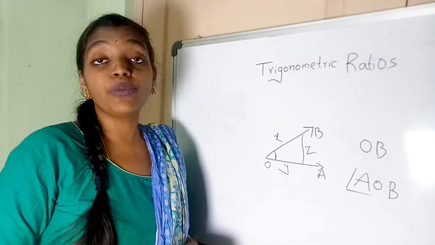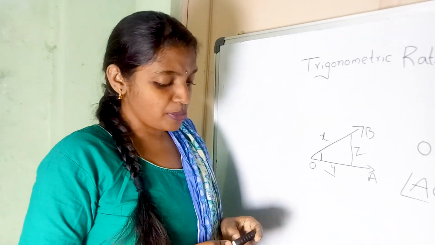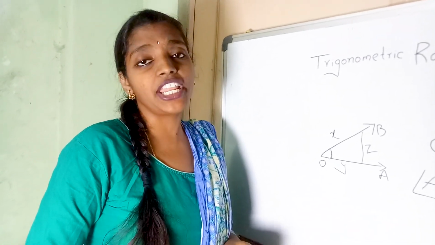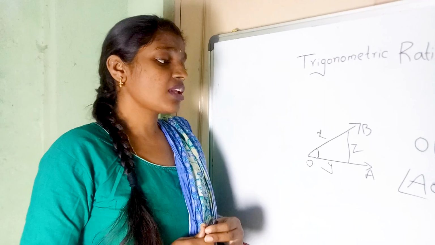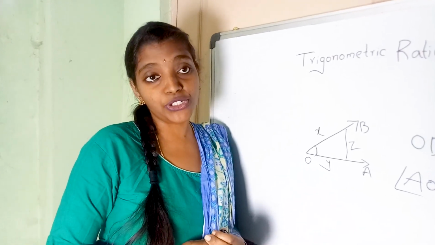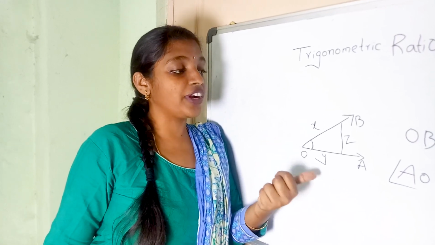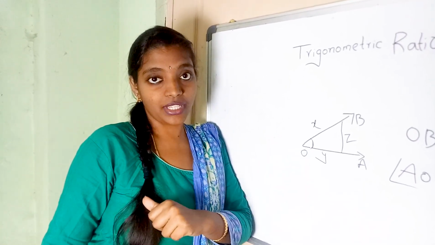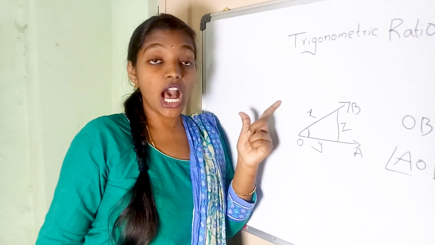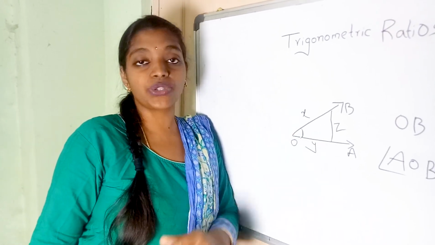In trigonometric ratios, it is very important to find the remaining two sides when one side is given. If one side is given, how can we find the remaining two sides?